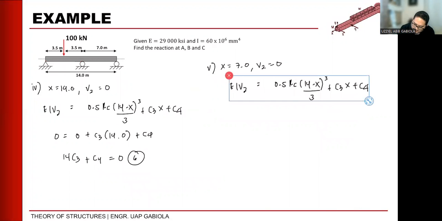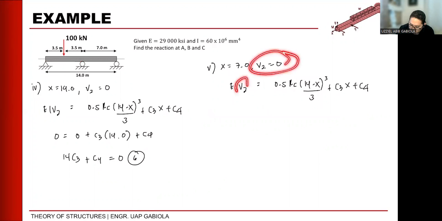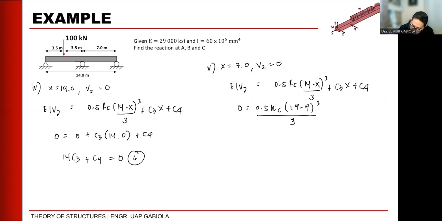And from here, pag nag-0 si V2, so 0 to, so ito will have a 7 value. Okay? May makuha tayong relationship ng C3 and C4. Okay? So this is 0 is equals to 0.5 RC. This will be 14 minus 7 cube over 3 plus C3 times 7 plus C4.